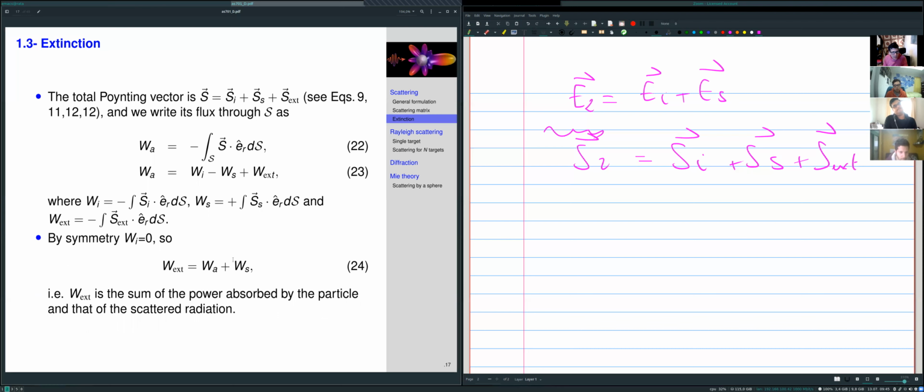And therefore, we have this relationship: the flux of the extinction term of the Poynting vector is the sum of the total flux through the sphere plus that which has been scattered by the particle.